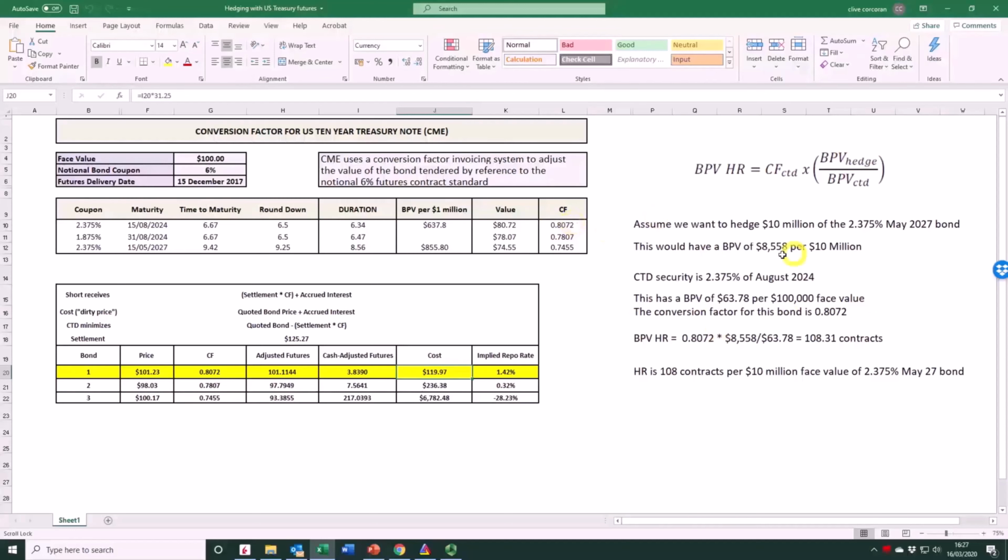So if we plug in the values into the formula, as along this row here, we can see that the hedge ratio for this particular exposure is 108 contracts. So in other words, if somebody has $10 million of this bond, they want to hedge the price risk for this bond. Going through all the calculations, we know that they should sell 108 contracts.